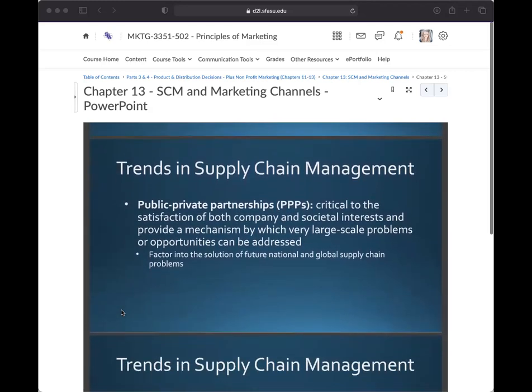In supply chain management, there is also something called a public-private partnership. This is something that was covered in the fire chief's lecture about how governments and other nonprofits that we just talked about can work together to break down what he called log jams in the supply chain.